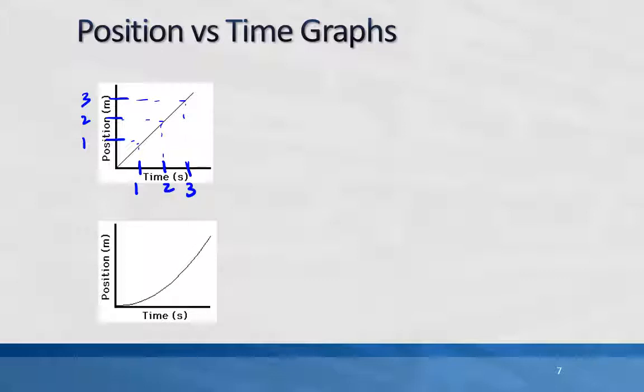But here it's different. If we look at the time, 1 second, 2 seconds, 3 seconds, the displacement is not uniform. After 1 second, it hasn't moved very far. After 2 seconds, maybe it's moved a meter. After 3 seconds, it's gone even further. Anytime you have a curvy path like this, that means it's accelerating, because if we get the instantaneous velocity slopes, the tangent lines here, the slope keeps getting bigger and bigger.